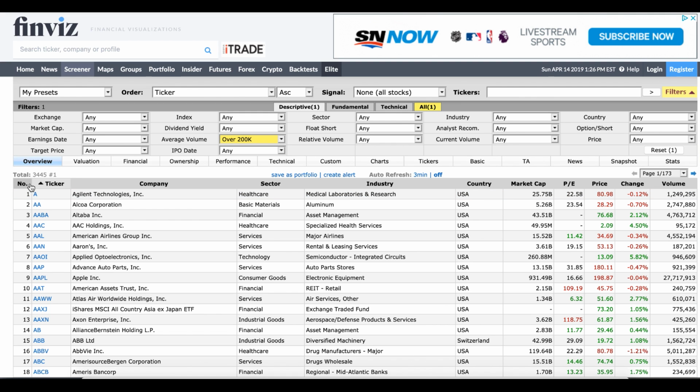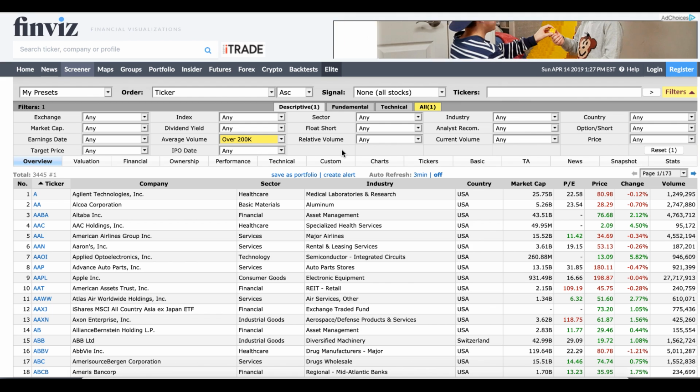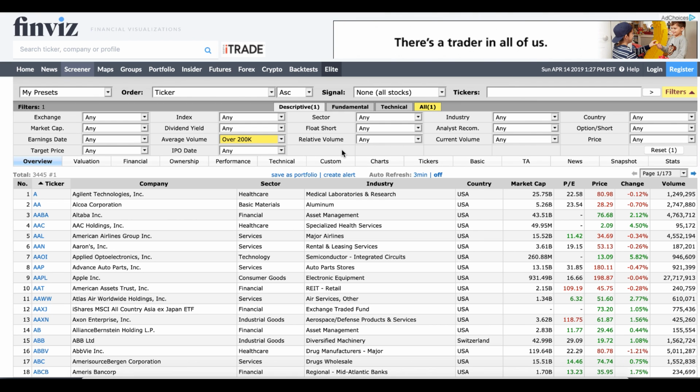So already we've reduced the number of shares from 7,550. Now we're well under half. We've taken out half of the stocks in that list. The other one I really like is relative volume, because I like something that looks like it's starting to pick up in terms of volume. There's interest starting to be generated in the stock.